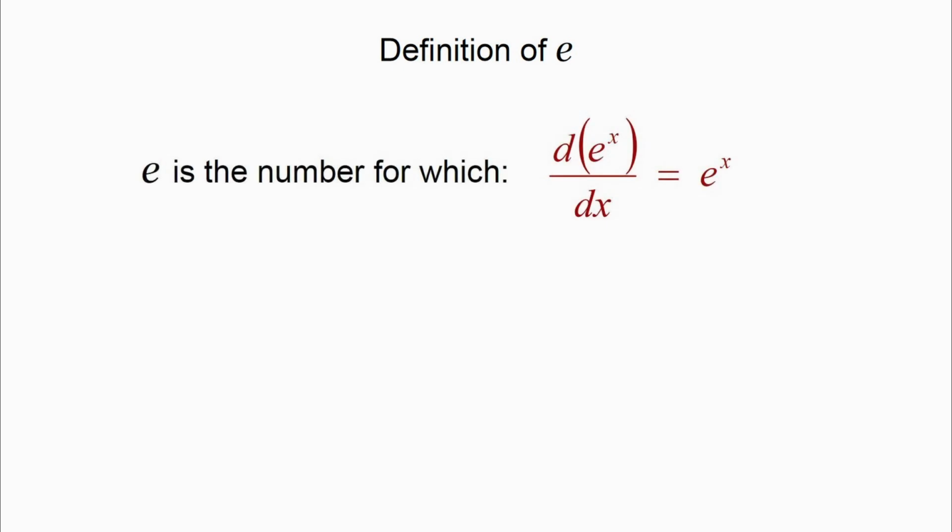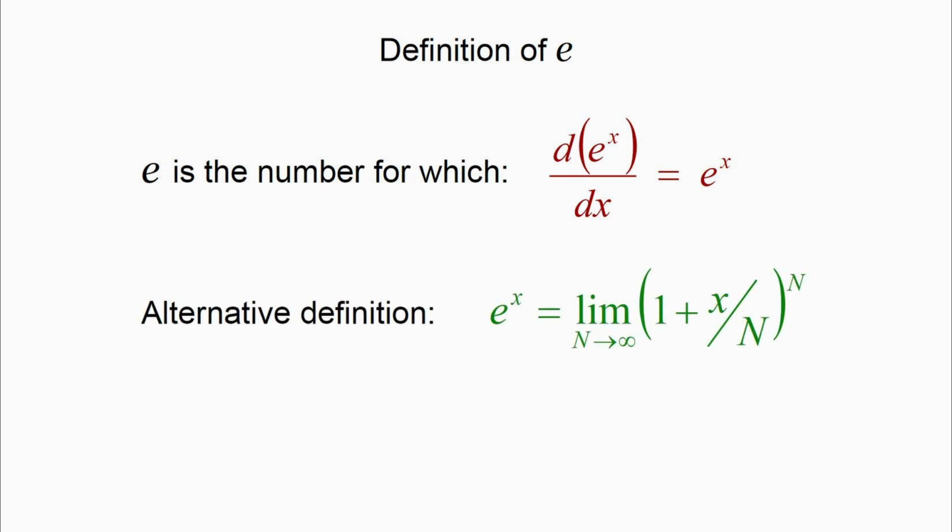This brings us to the definition of e. It is the number that, when used as the base for an exponential function, will have its derivative made equal to that function.